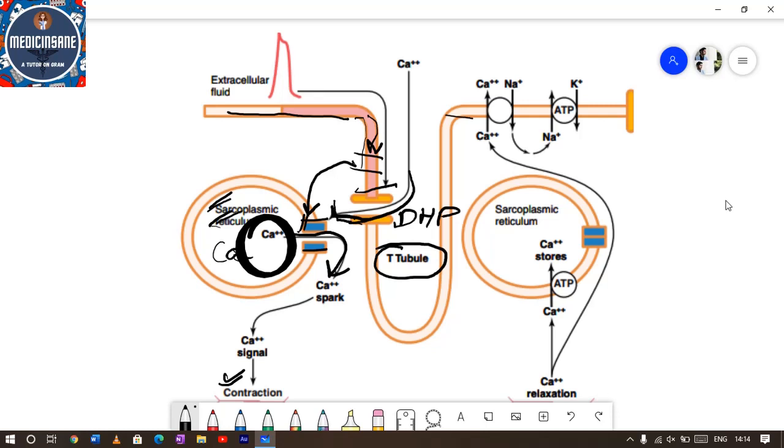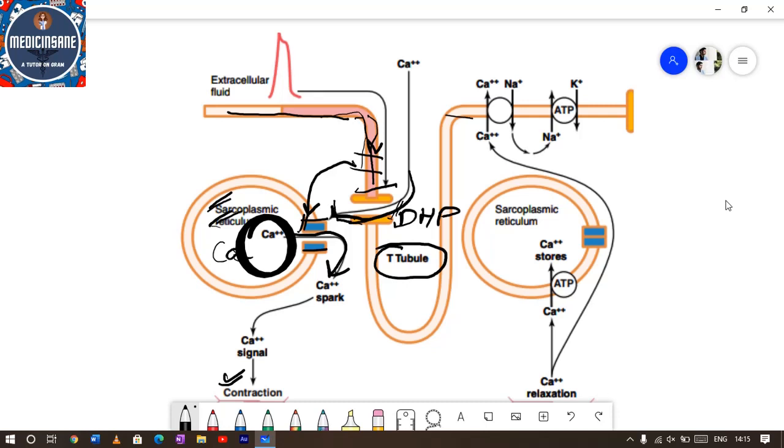So as for now, to summarize, we have studied these two particular mechanisms, one which is present in both skeletal as well as the cardiac muscle, which is via the route of the action potential traveling in the T tubules, and with the help of dihydropyridine receptor, it is going to activate the calcium release channel.